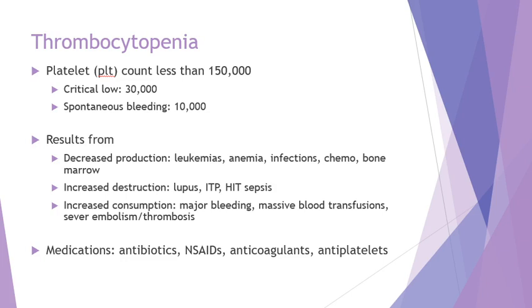The other piece that I want you to think about, that I got to thinking about as I was putting this together, is our medications. It can be some antibiotics. The lists from my various sources did not have the same drug list, which I found interesting. Antibiotics were listed. Sulfa was listed several times separately. Certainly NSAIDs, because we know they cause bleeding. And then you need to think about the anticoagulants and antiplatelets that we give specifically for those reasons but that can have problems. Anytime you give an antiplatelet, that medication gets bound to the platelets.